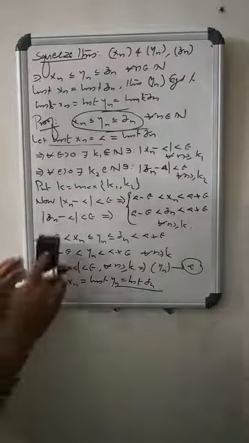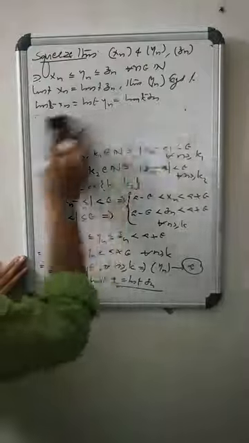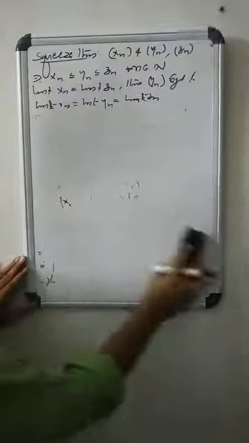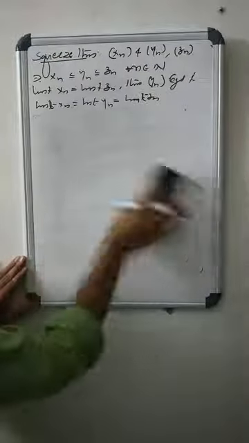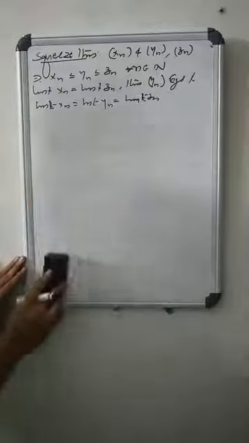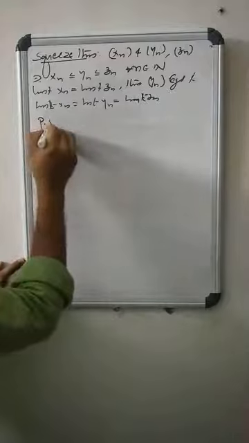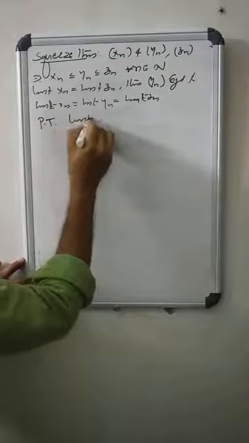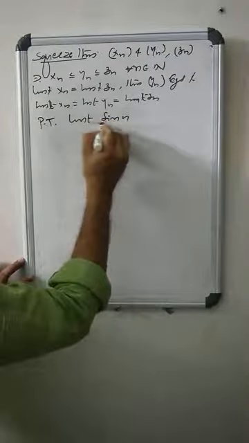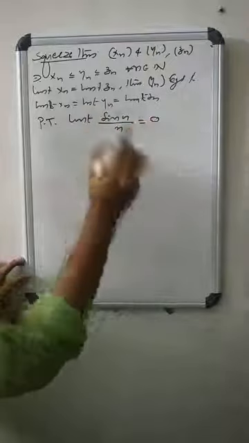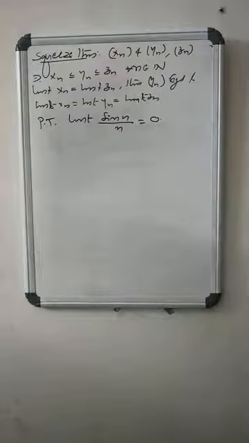Okay, right. So by using this theorem, we consider a problem: prove that limit of sin n by n equals 0. How?